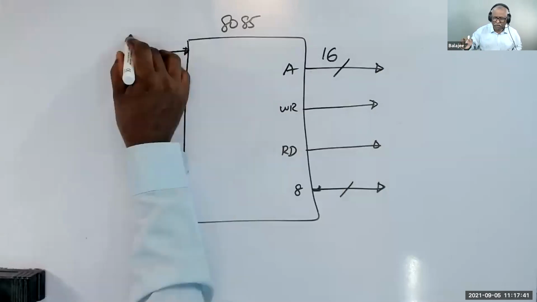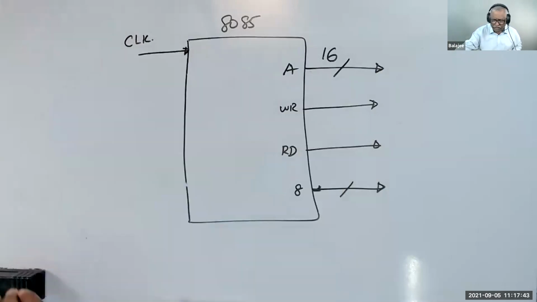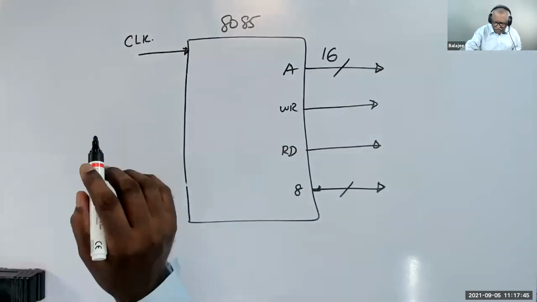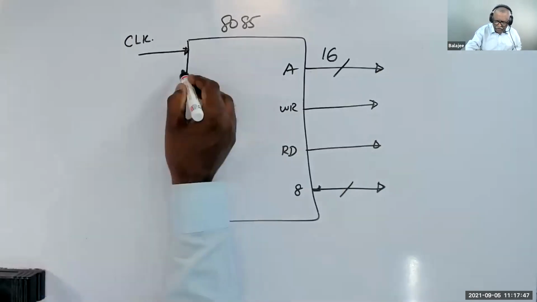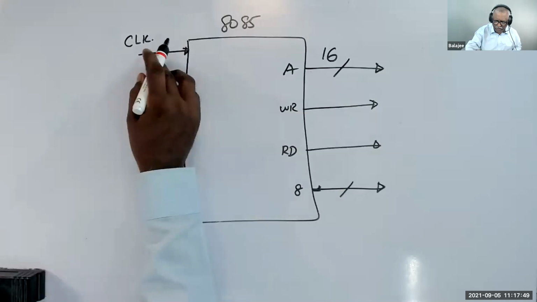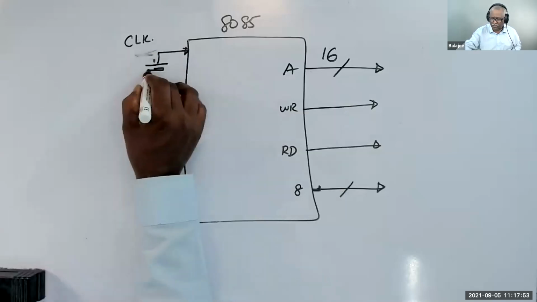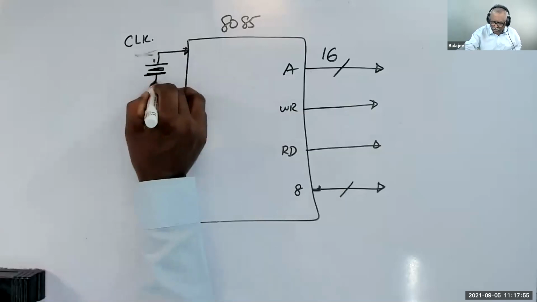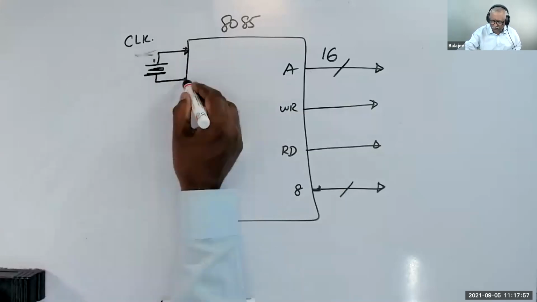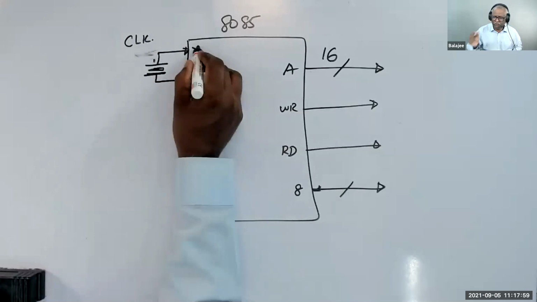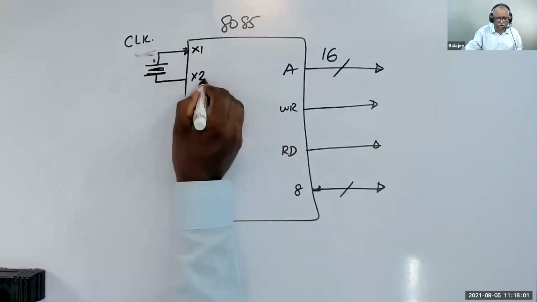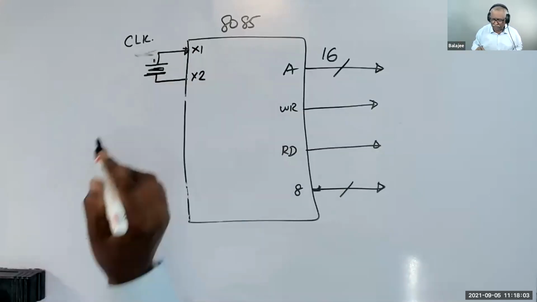But if you use the internal clock generator, you can connect a crystal outside. Then it will generate the clock internally. In that case, you should have X1, X2. Understand? You can give a clock from outside, or we can connect the crystal.